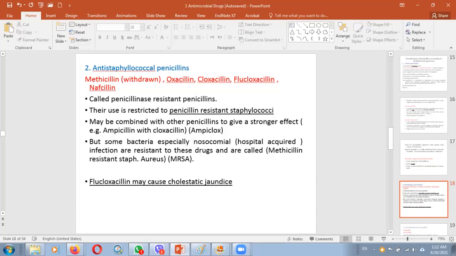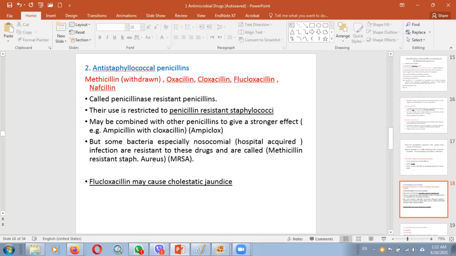Hospital or nosocomial infections are usually serious infections. The bacteria in hospitals originally come from patients that have chronic disease and have used antibiotics for a long time.